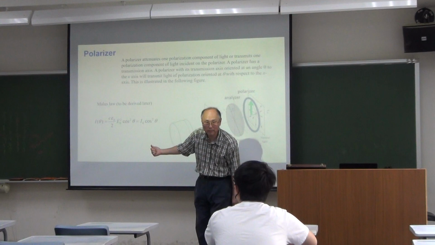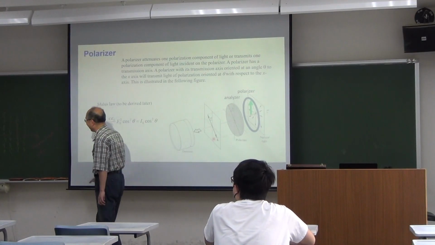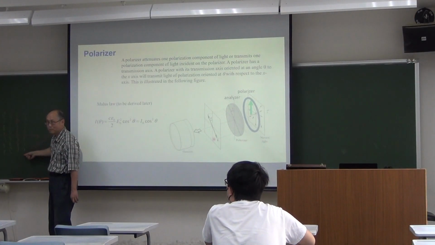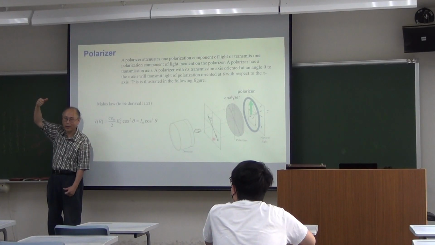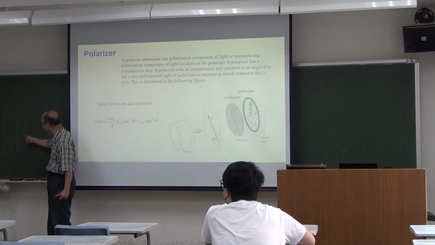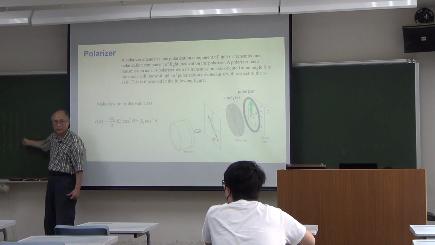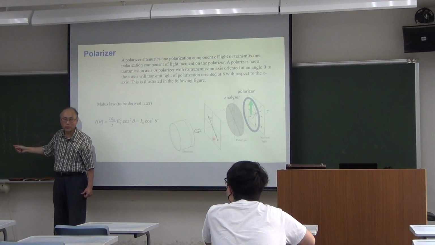Any problem with this? Eugene? One more time. A polymer is a long chain of molecules, and if you have a long chain of molecules, it's easy to pull it, right? And how would you pull it?